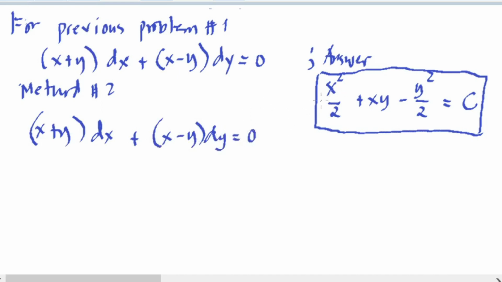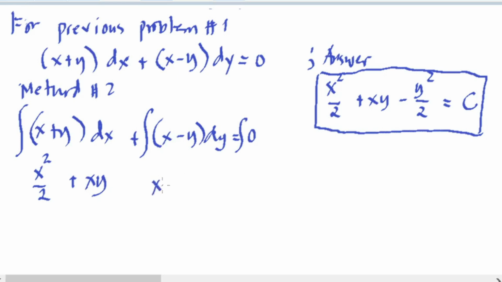Supposedly the answer should be this one. And then we have to integrate m dx and then integrate n dy, and we have to integrate also 0. So with respect to x, what's this? We have x squared over 2, and then y dx is plus xy. How about this one? x dy.